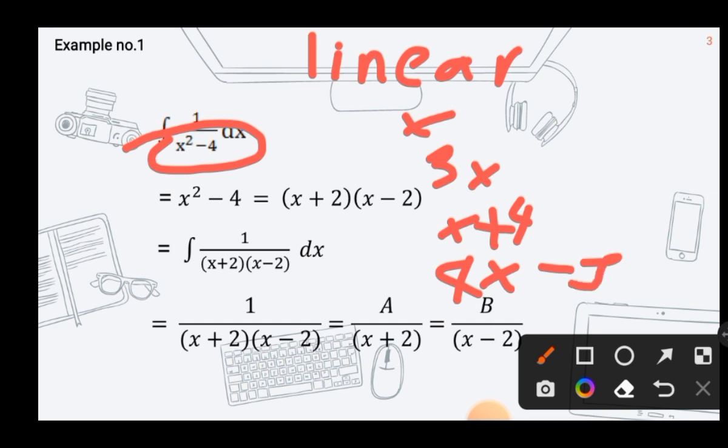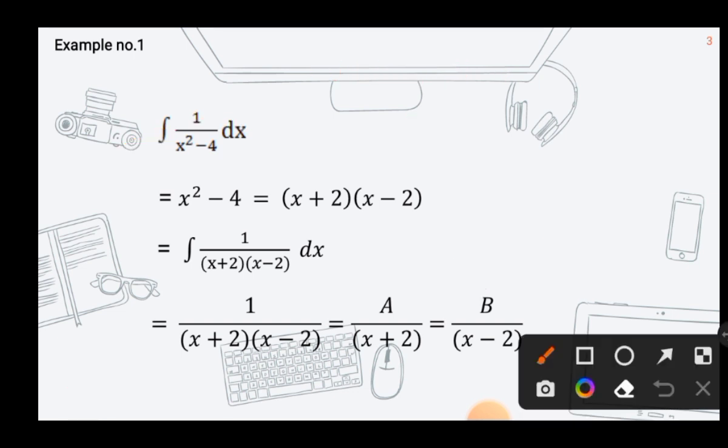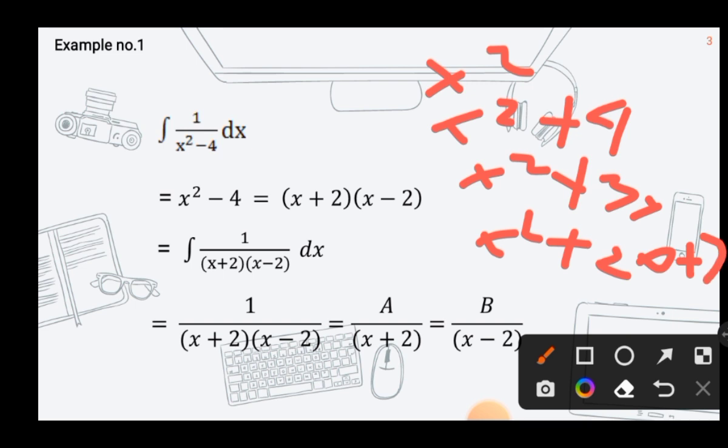That is an example of linear factors. Examples of quadratic factors will be x squared, x squared plus 4, x squared plus 3x, and x squared plus 2x plus 7.